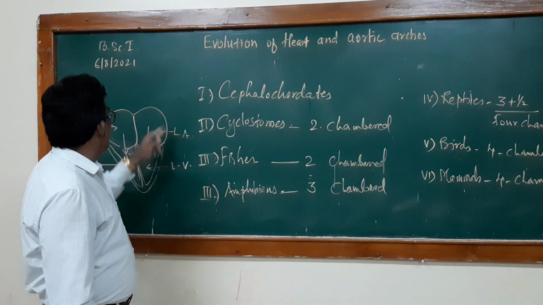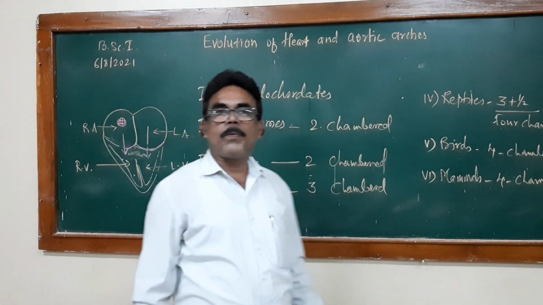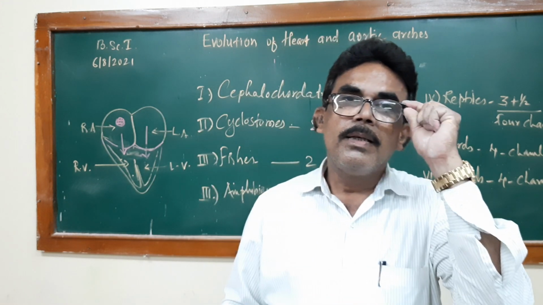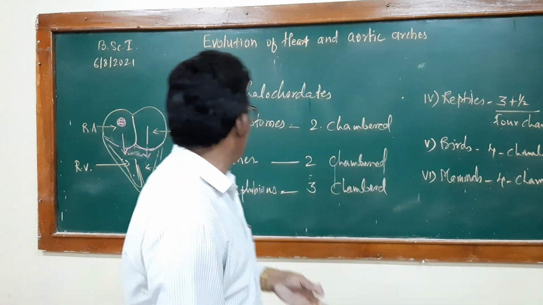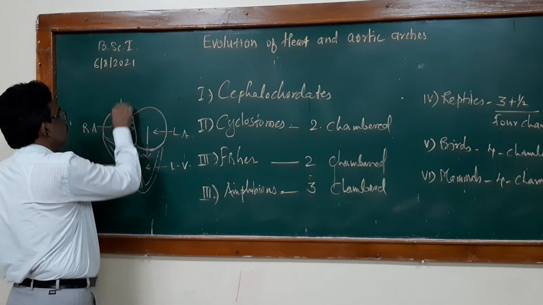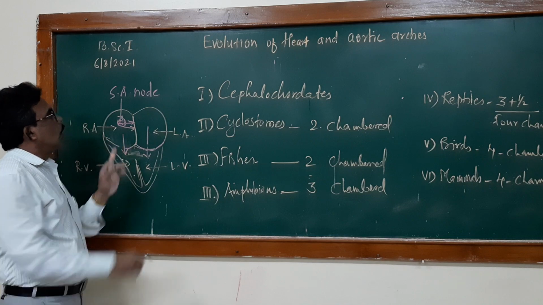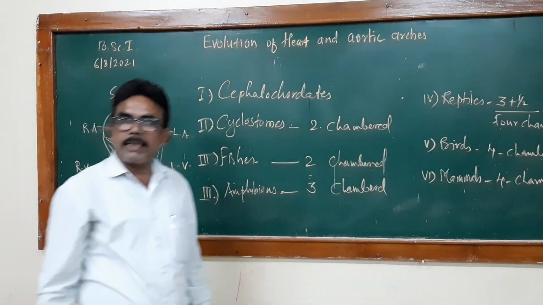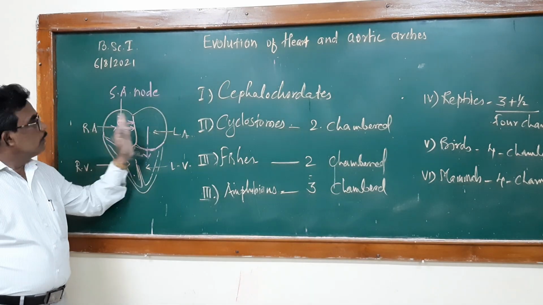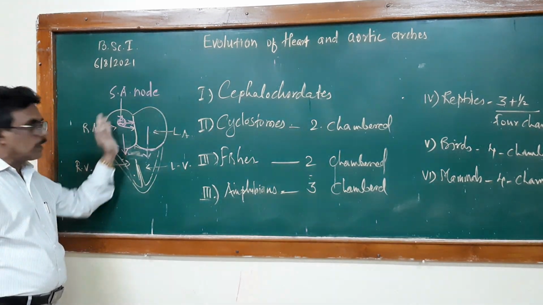And due to the activity of the SA node, waves of contraction and relaxation are developed, and that is nothing but the generation of the heartbeat. The heartbeat originates from the sino-auricular node, which develops waves of contraction and relaxation towards all parts of the heart.